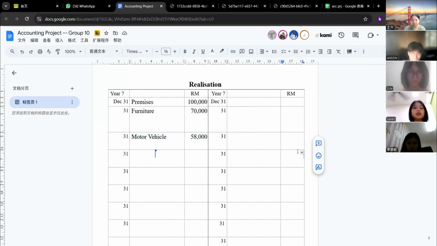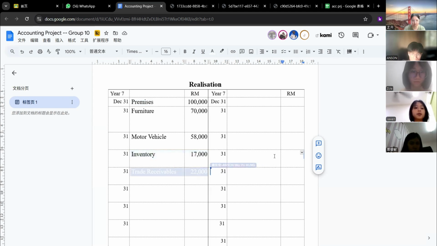Next, we need to record the current assets into the debit side of the realization account too. First is inventory, and the amount is 70,000. And then is trade receivable, the amount is 22,000.